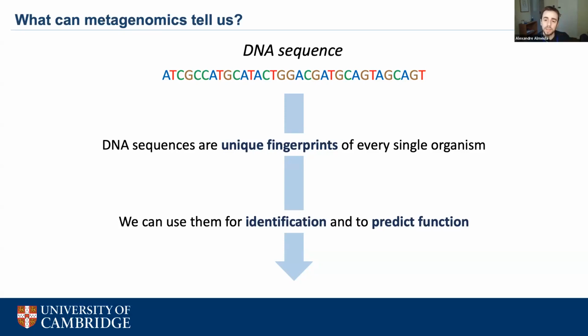The DNA sequence we recover from the metagenomes will act as a unique fingerprint of every single organism. But at the same time, since the DNA is a blueprint for all the proteins that organism will produce and synthesize, we can also use it to predict the functional capacity of these organisms. We can look at the metabolism and then make hypotheses about what that species is able to do.